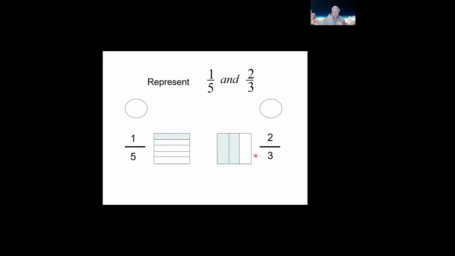When we read this statement now, it would be read as share with, remember there's our share with line, share with 3, and take 2 of the 3 shares. So you'll see we've created the 3 equal shares, and we are taking 2 of those 3 shares. This is our representation phase.